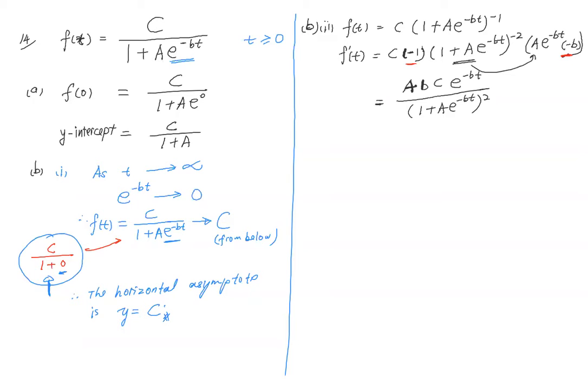Okay. Hello? So now we want to go to the second derivative. So we are going to use quotient rule. u is e to the power -bt and v is 1 plus A e to the power -bt, the whole thing squared.